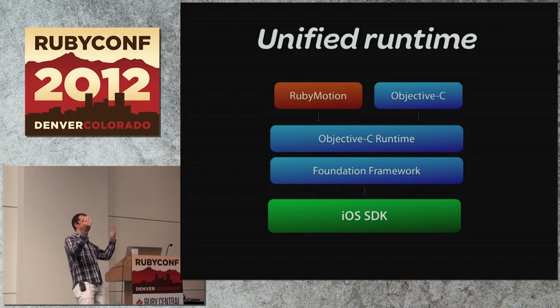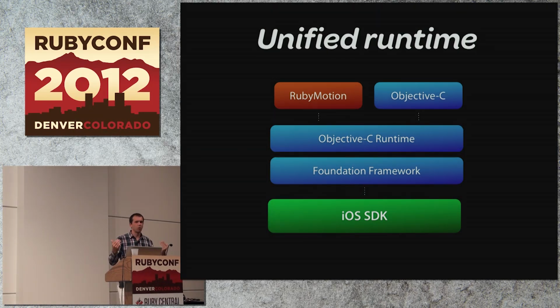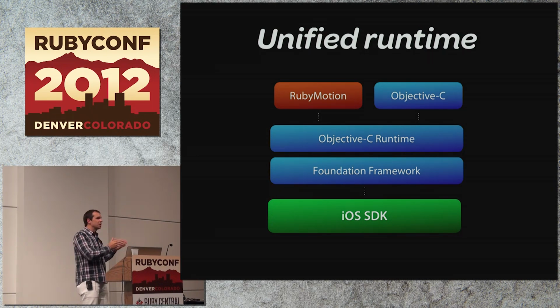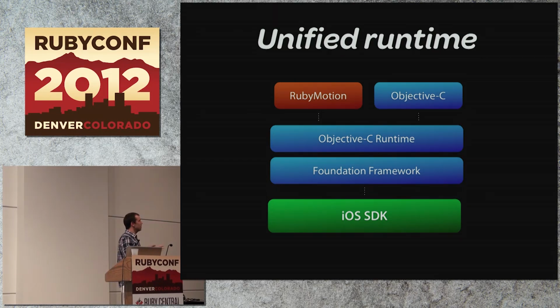Objects exist on both sides of that bridge, and you have to maintain them. The problem there is that it takes more resources to do that. It's not going to be as fast. Whatever they've implemented across the bridge is what you can do, right? If they haven't implemented or exposed something across that bridge, you can't actually get to it. So because we're sitting on the same runtime, you can do everything that you can do with Objective-C in RubyMotion.